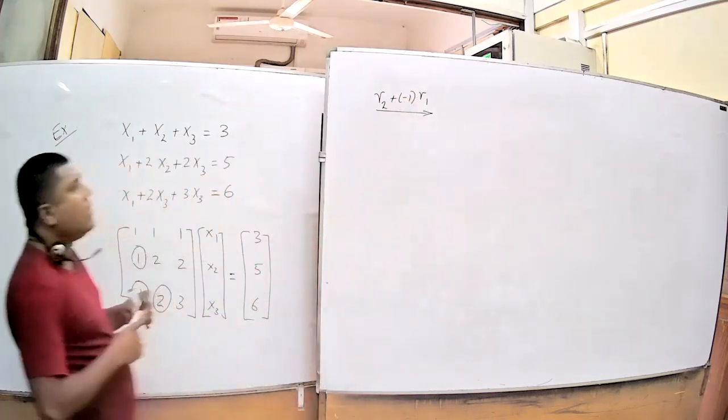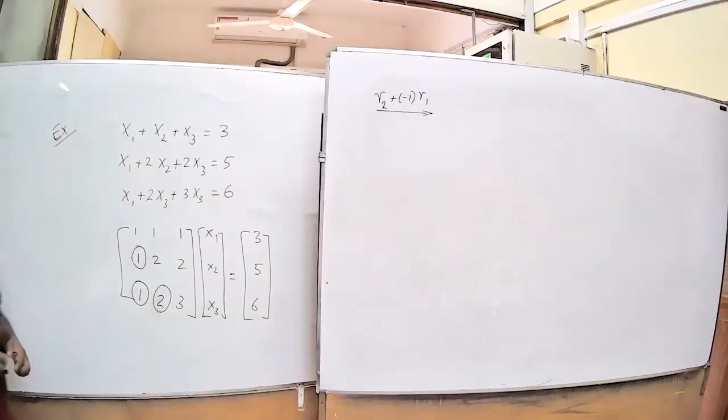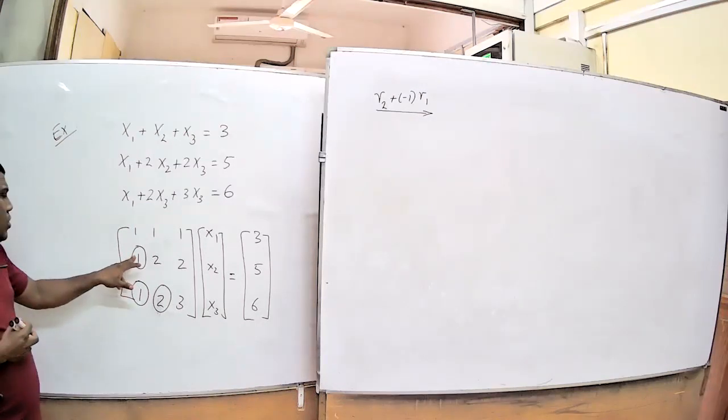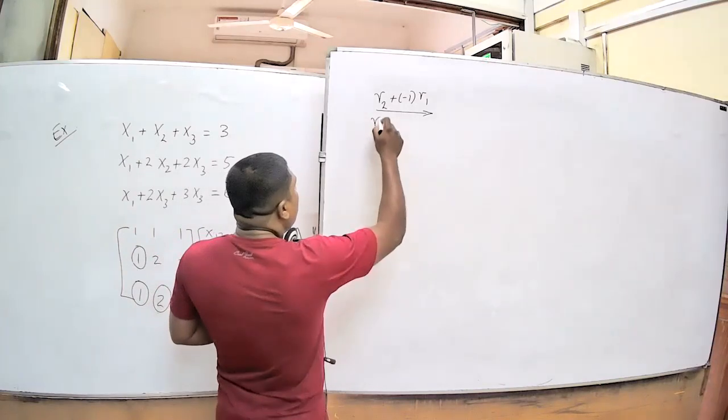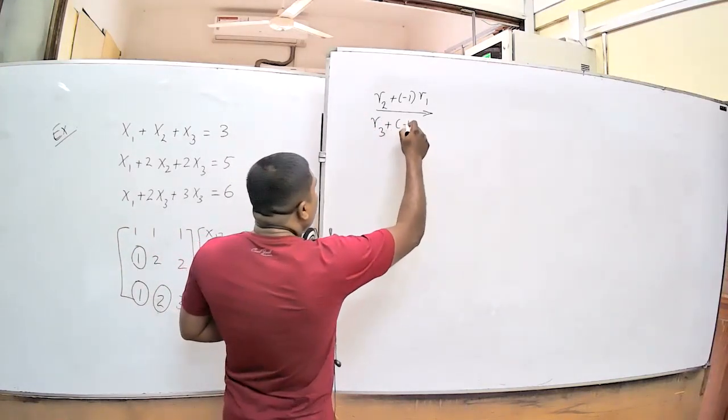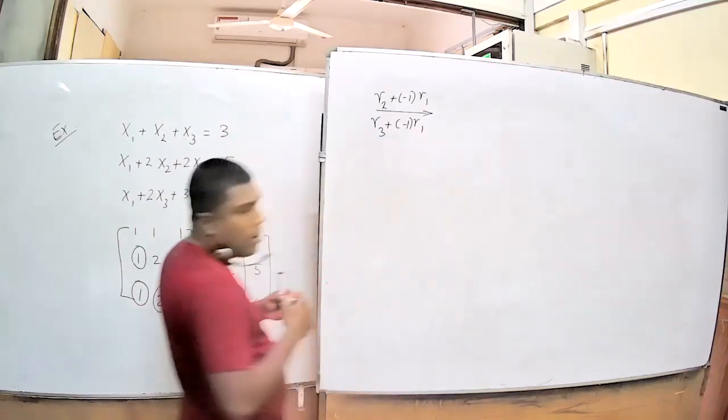So if you apply this row operation to this coefficient matrix system, that means you multiply the first row by -1 and add with the second row to change the second row. In that process, you get this to be 0. You can do the similar process to row number 3 as well. So -R1.